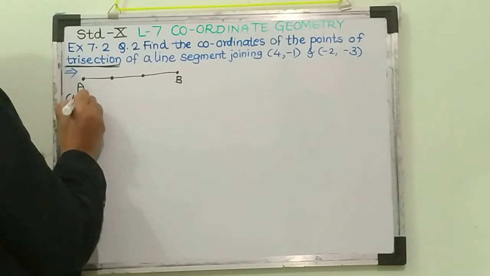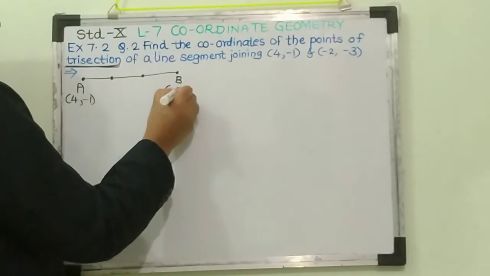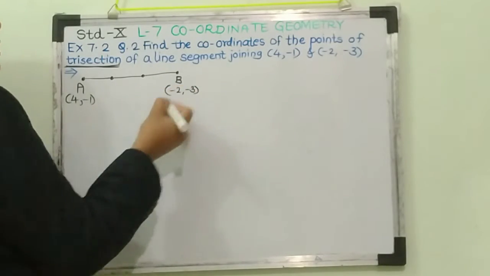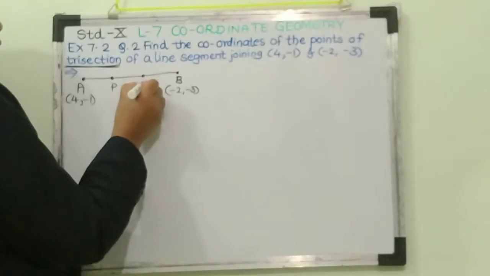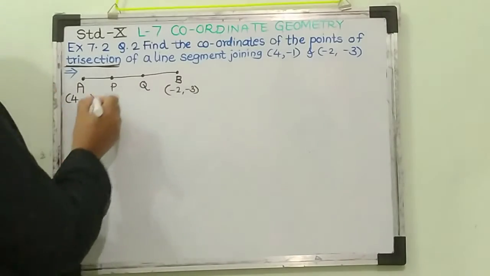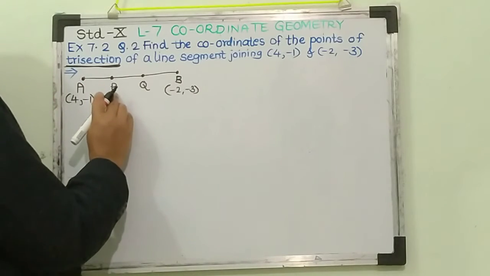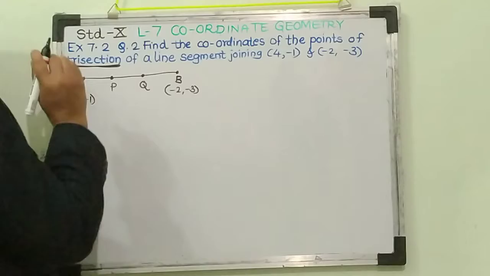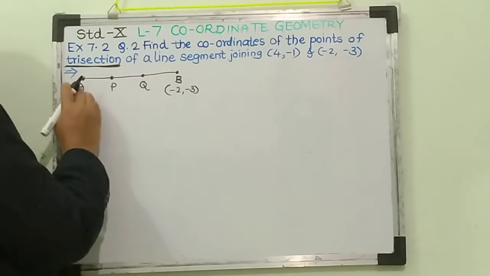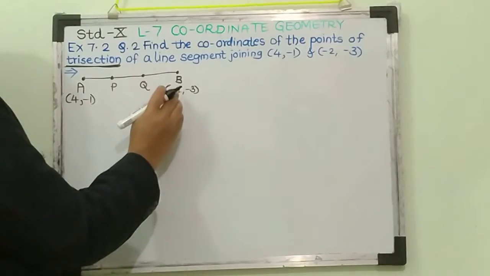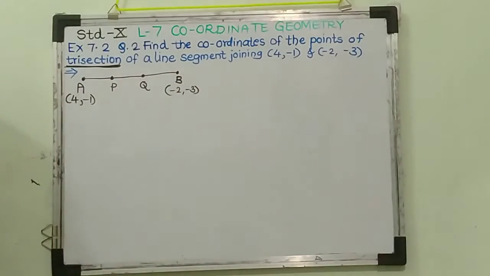A's coordinates are (4, -1) and B's coordinates are (-2, -3). Suppose I take points P and Q; we have to find the coordinates of P and Q. Due to P and Q, the line segment is divided into 3 parts.